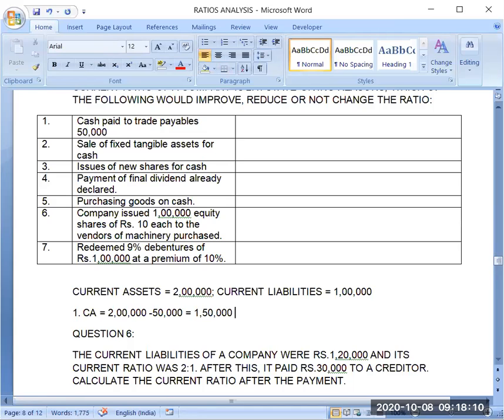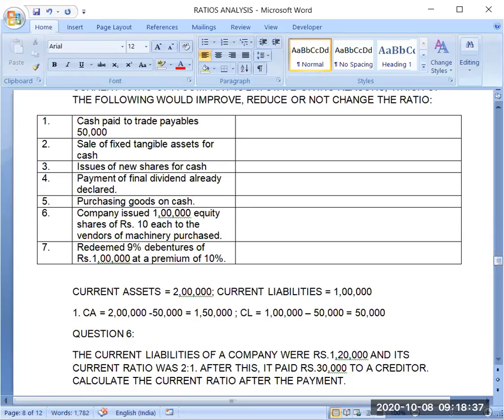Same way, if I calculate current liabilities, your current liabilities are right now 1 lakh, and it will also get reduced because you are paying your liabilities. So your liabilities will be now 50,000.